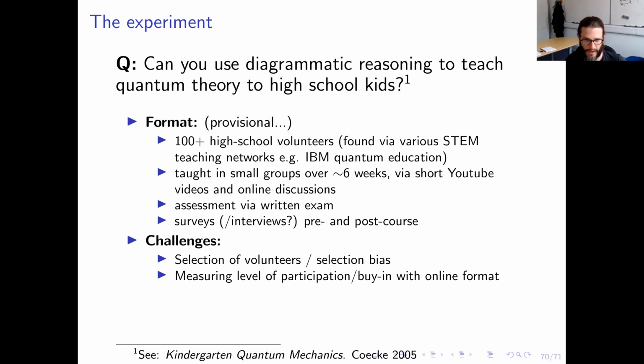Something that's going to be challenging is to measure the level of participation and buy-in. Are they actually watching the videos? How much of the videos are they watching? This will probably become clear in the tutorials, but I guess we need to handle this in a rigorous way.